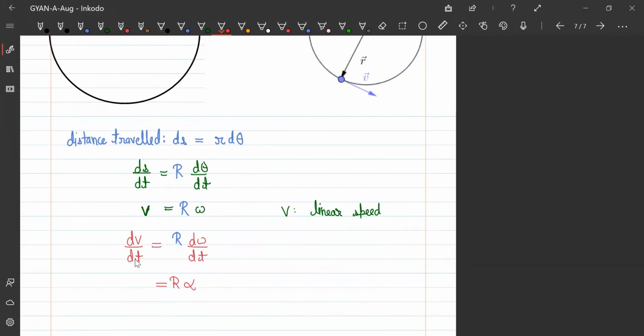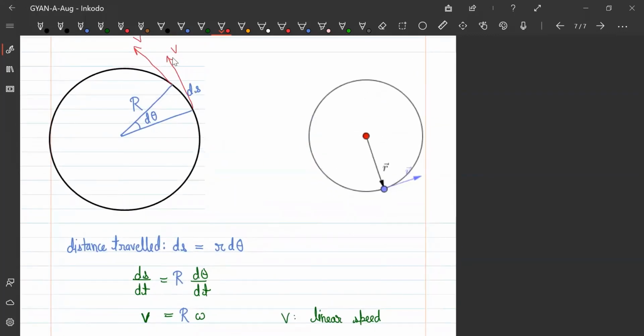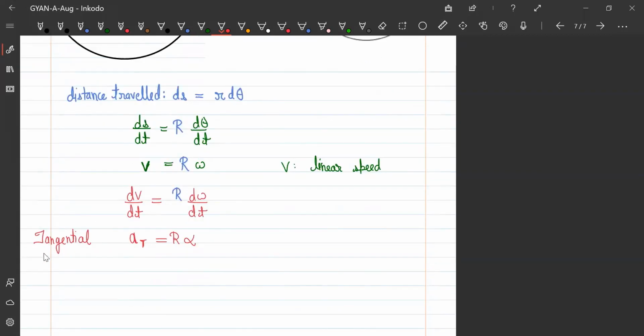It is the rate of change of velocity, and this is called acceleration. This is not the total acceleration. This is called the tangential acceleration, because the change in velocity is along the tangent. Earlier the velocity was in this direction, now it is in this direction. So this gives the tangential acceleration.